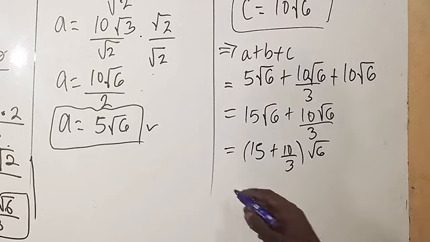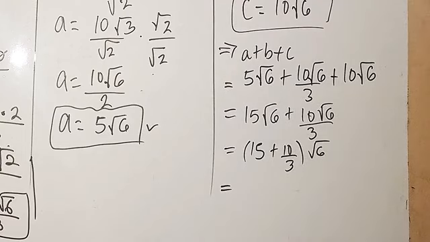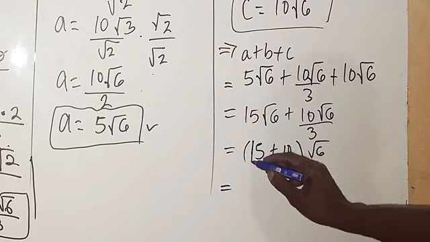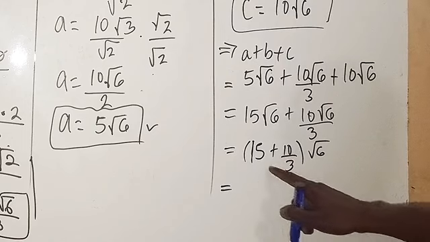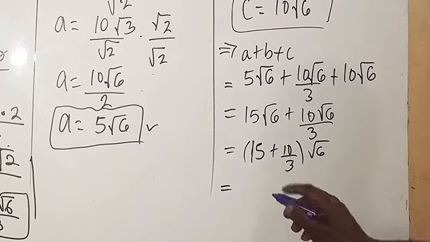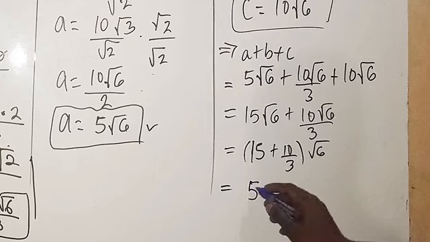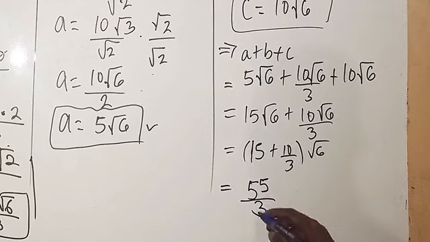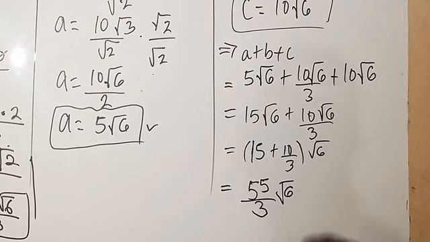This is 15 whole number, 10 over 3. So 3 times 15, you're going to have 45, then 45 plus 10, we're going to have 55 all over 3, then root 6. So we have 55 root 6 all over 3.